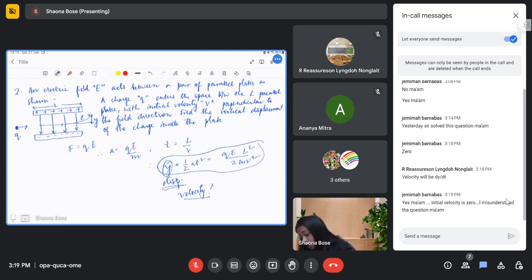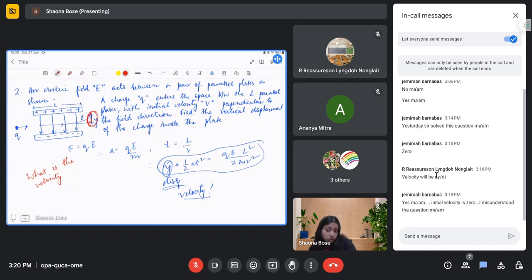So what the question is saying is, what is the velocity at this point, here? You can say in red, when it has already left the plates.